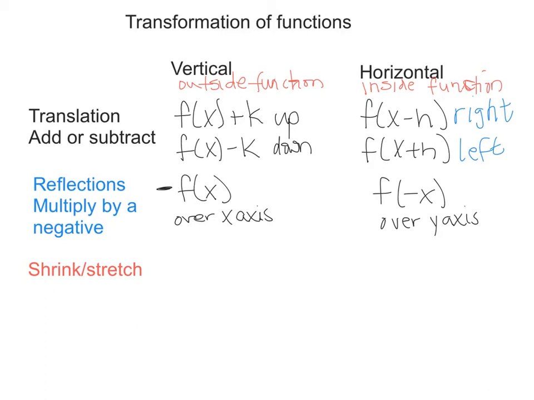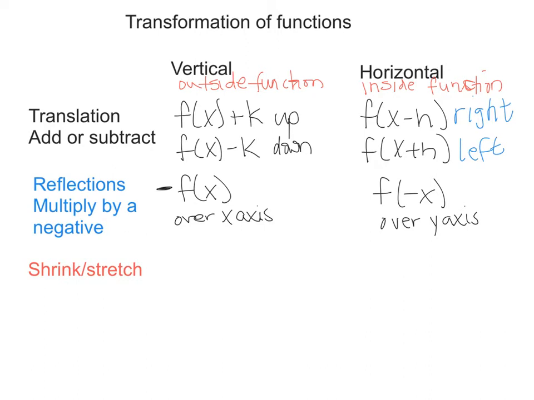I feel like we got a pretty good handle so far on the translations, the reflections, most of the time, at least being able to describe them. But the shrink and stretch just got confusing, right? Because that oppositeness of the horizontal kind of always tripped us up, okay? So let's talk what it looks like.